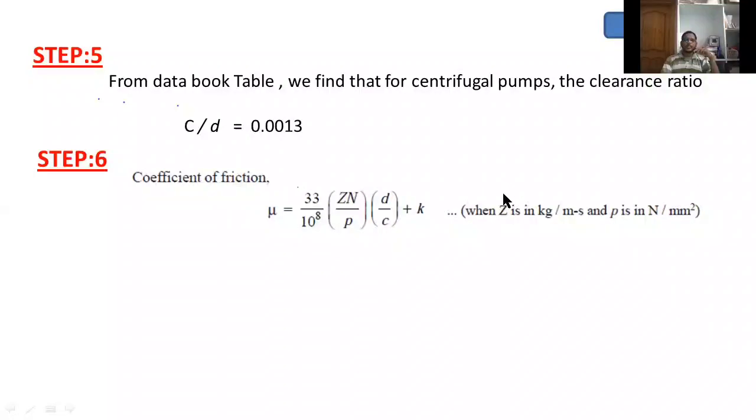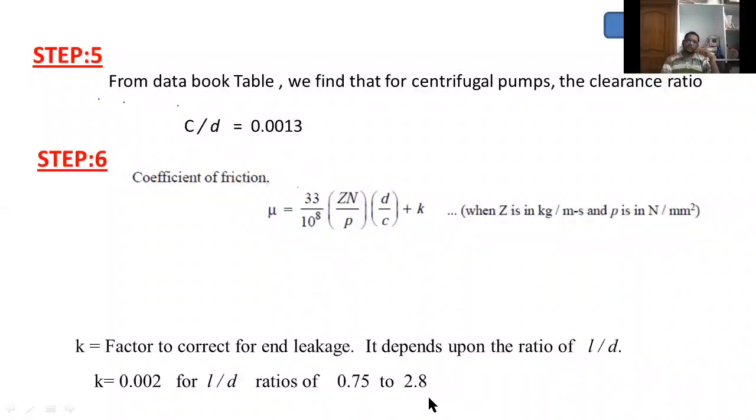Here small k is the end leakage factor. For L by D ratios of 0.75 to 2.8, you have to consider the k value equal to 0.02.